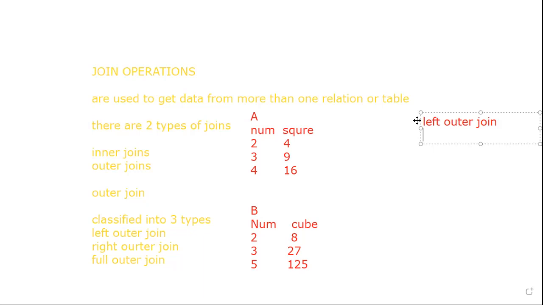See here, A outer join B: number, square, cube. 2, that is 4, that is 8.